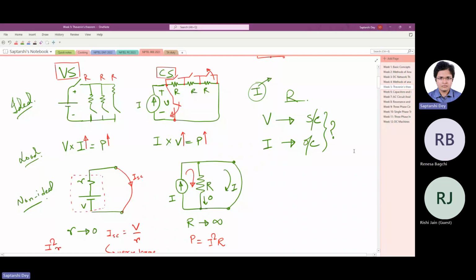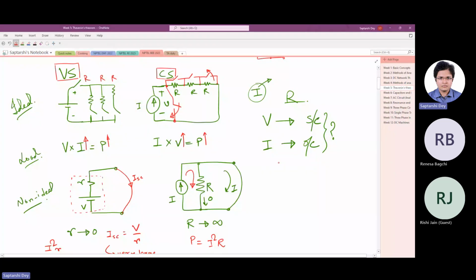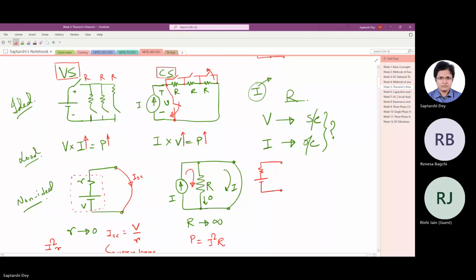What I'm saying is, you know this thing, right? How to apply Thevenin, that you have to replace the voltage source with short circuit and current source with open circuit. So I was trying to explain the reason behind that. If you have a non-ideal voltage source and you want to disable it, that means there is no voltage at all.